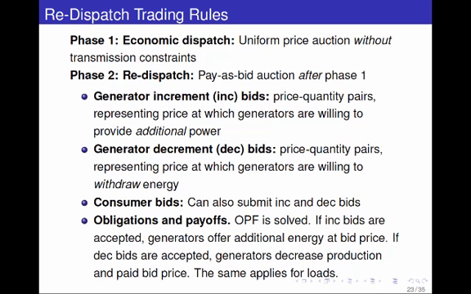In the second round, we look at the first round schedules, and what we ask for is not blocks of price quantity anymore. We ask for increment and decrement blocks.